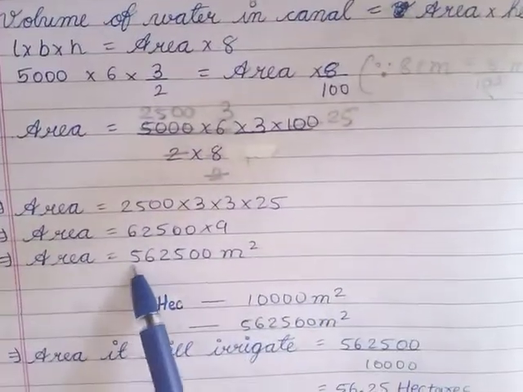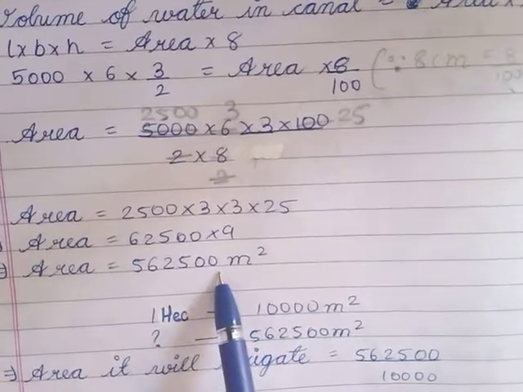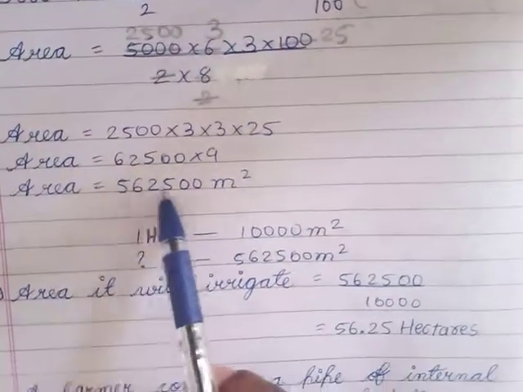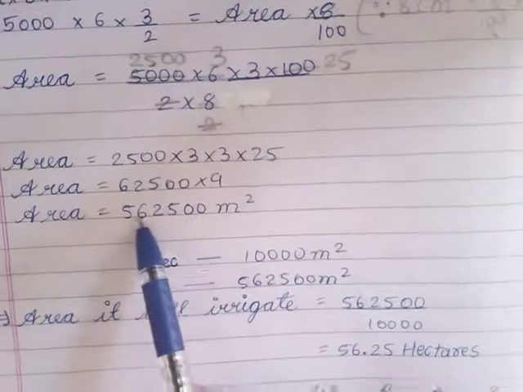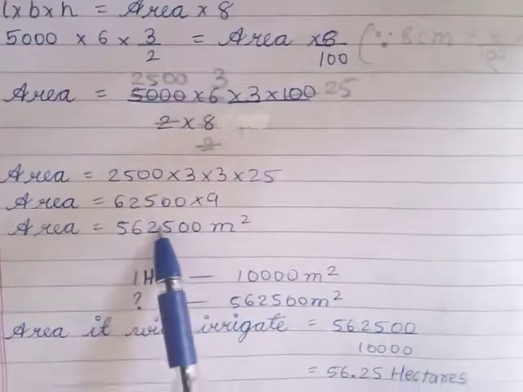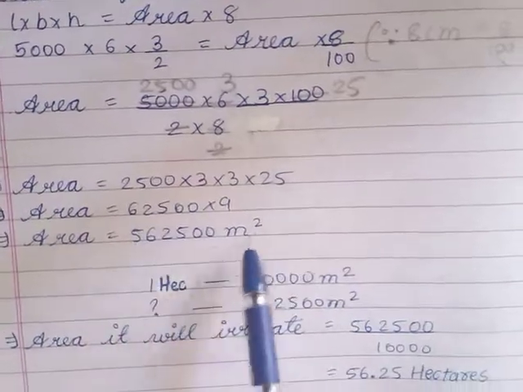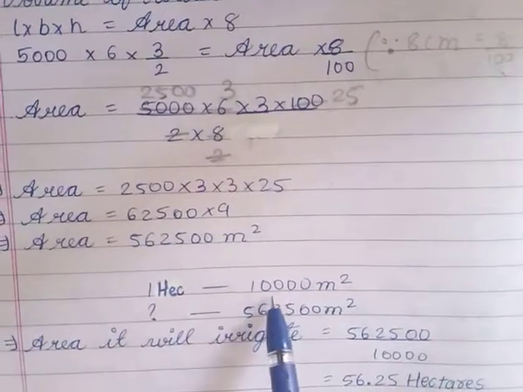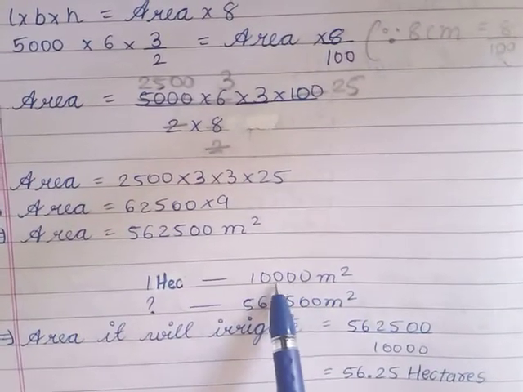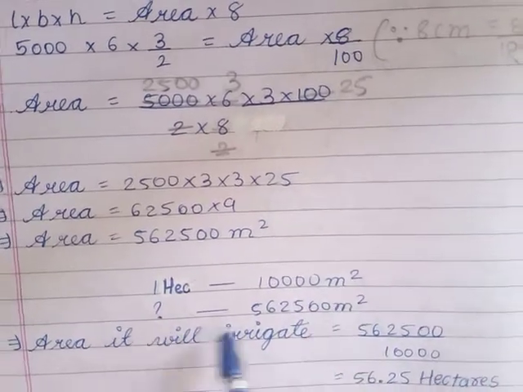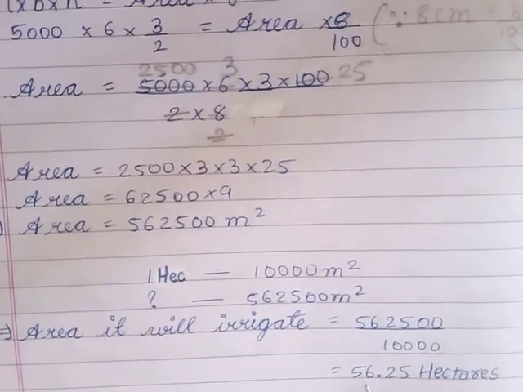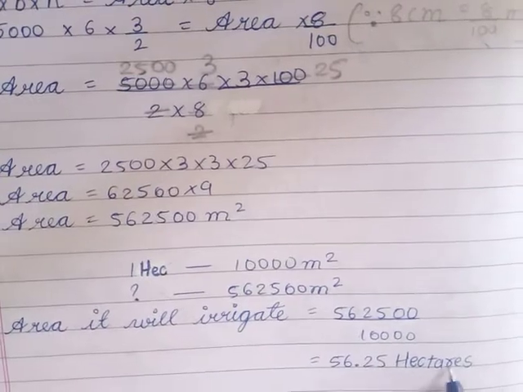Now the measurement is too much, it is 5 lakhs something, so it has to be converted into some bigger unit. 1 hectare is equal to 10,000 meter square. So if you change into hectares, then it will be 56.25 hectares.